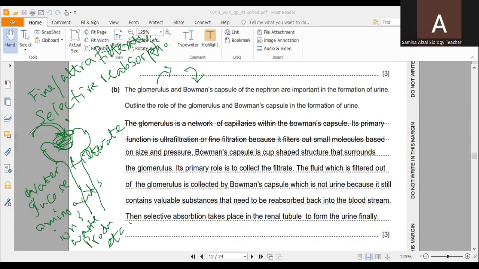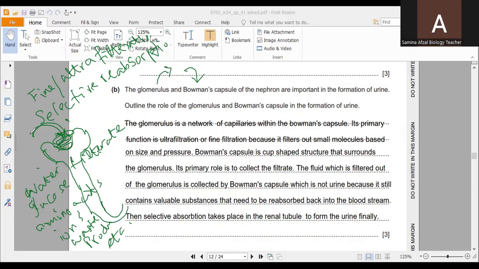So all of these will be in this filtrate. It means, as I told you in the previous question, if the water potential is low, most of the water will be reabsorbed. The reabsorption takes place in the next part of the nephron after filtration, because you can see in the filtrate there are so many important nutrients.